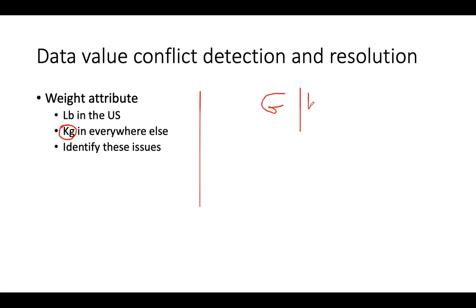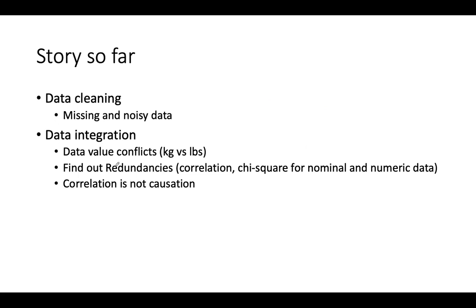The rest of the world uses liters, right? So this might cause some identity issues. So how do we detect and try to resolve that? Essentially, you just want to make sure you resolve those conflicts. Try to harmonize that so they're in the same kind of metric.